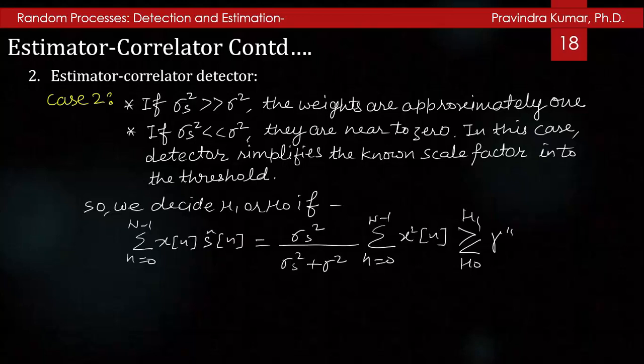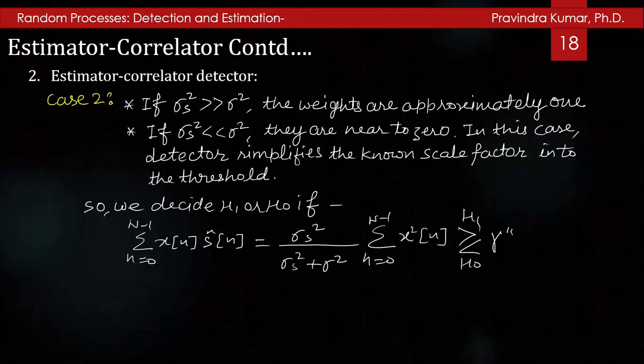So we decide H1 or H0 if the test statistic, the summation n from 0 to n minus 1 of xn S cap n, equal to sigma S square by sigma S square plus sigma square times the summation of x square n, is greater than or less than threshold value gamma dash.